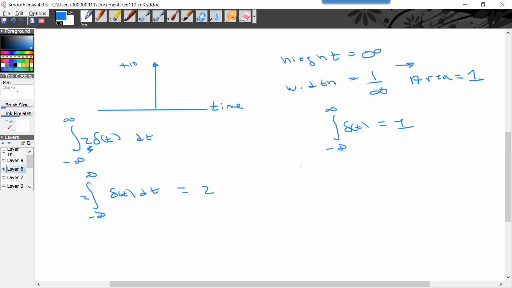Now, if that delta function is approximated by a rectangle, the height and the width, when multiplied together, need to be 1. And there's other things that we'll go over later. All right.